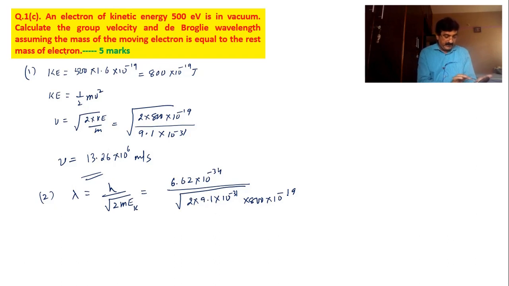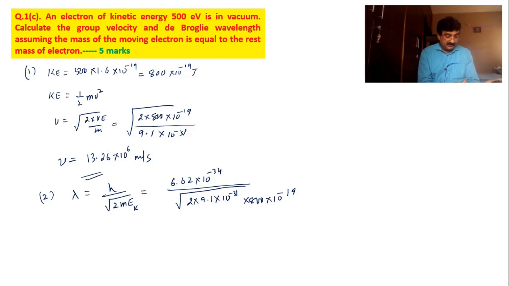6.62 to the power of minus 34 divided by the square root of 2 into 9.1 to the power of minus 31 into 800 to the power of minus 19. Close the bracket. It comes out to be, sorry, one mistake I did. Well, first I will do 2 into 9.1 to the power of minus 31 into 800 to the power of minus 19.